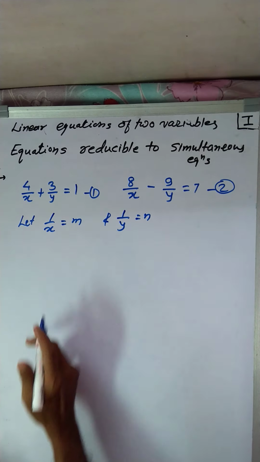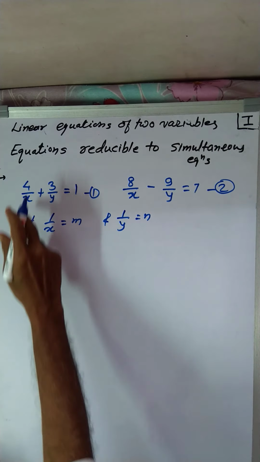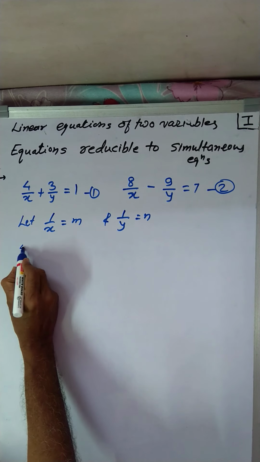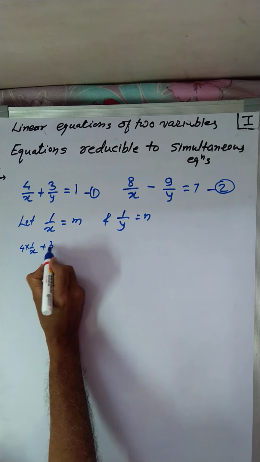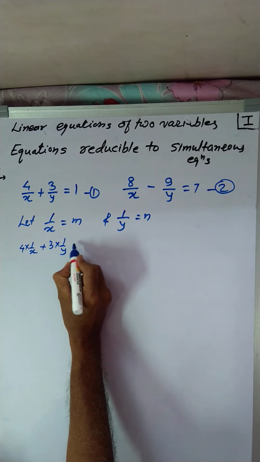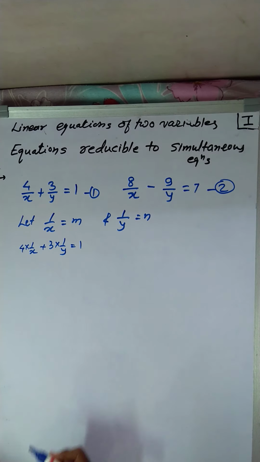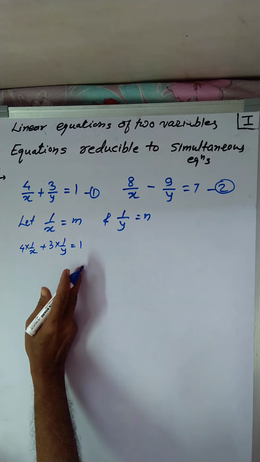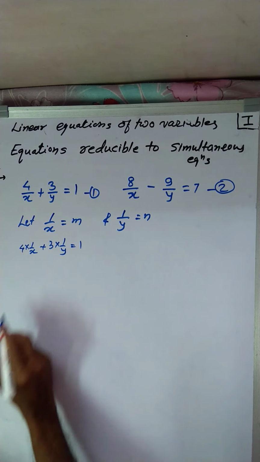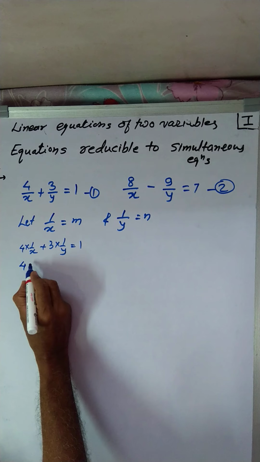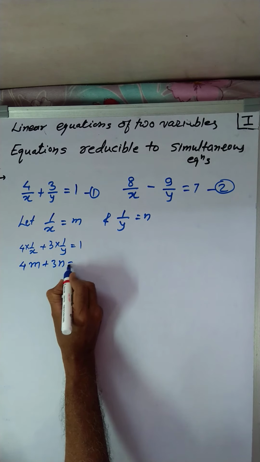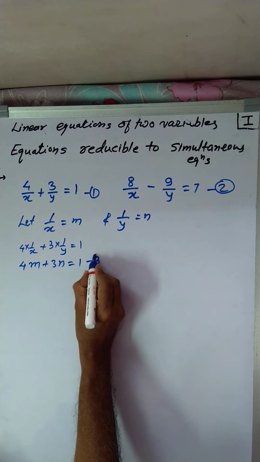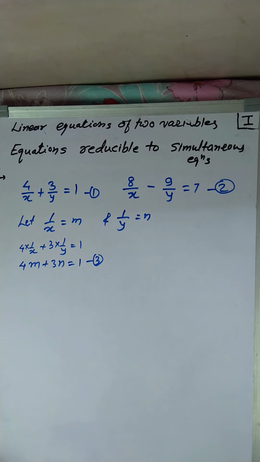Then what does the first equation become? 4 upon x means 4 into 1 upon x plus 3 into 1 upon y is equal to 1. Hence, putting 1 upon x is equal to m, the first equation becomes 4m plus 3n is equal to 1. That is equation number 3, which is a simultaneous equation.